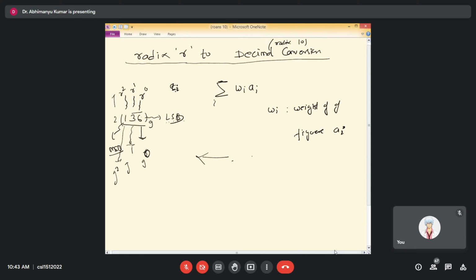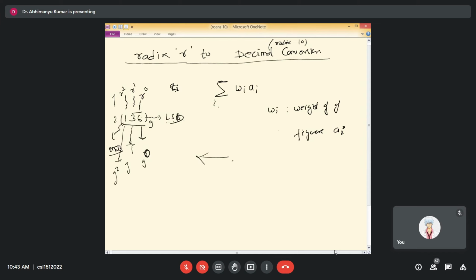I hope you're familiar with that. The place value keeps increasing if you move to the left-hand side, and the smaller place value, the smaller weighted value, belongs to the digit located on the rightmost side, right?